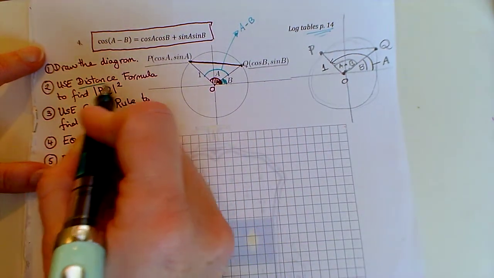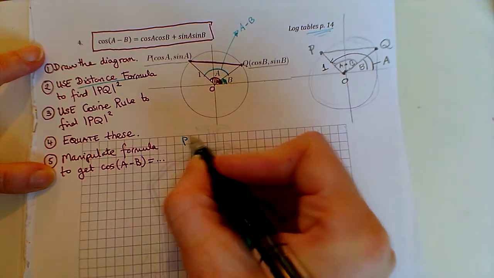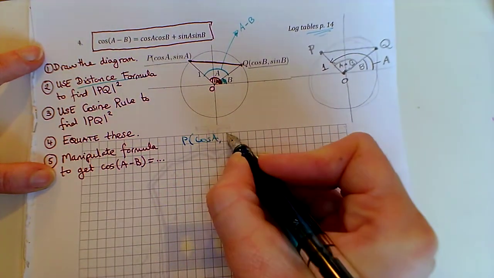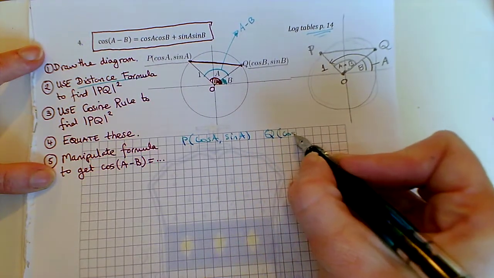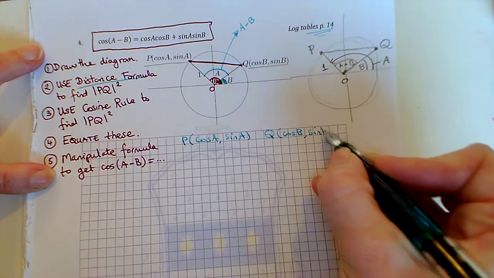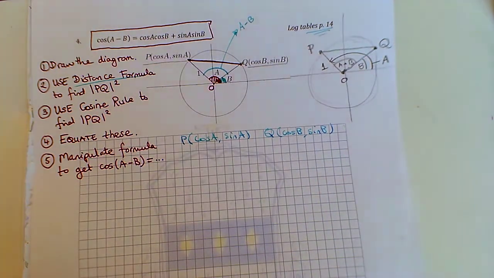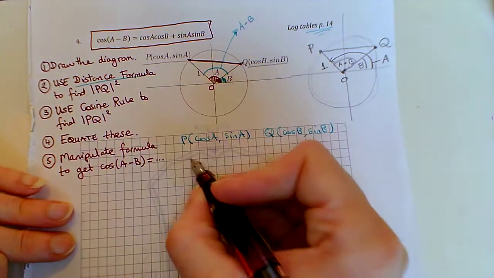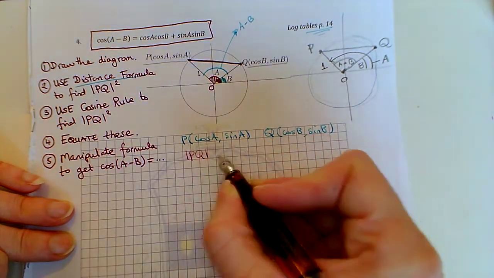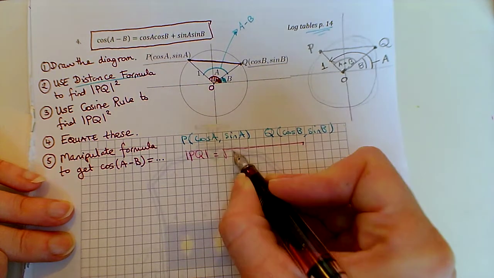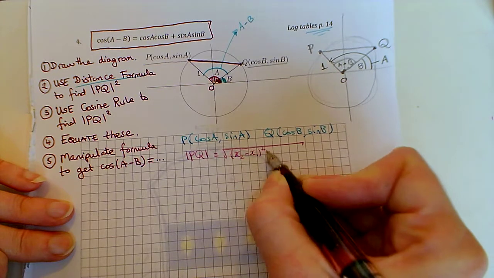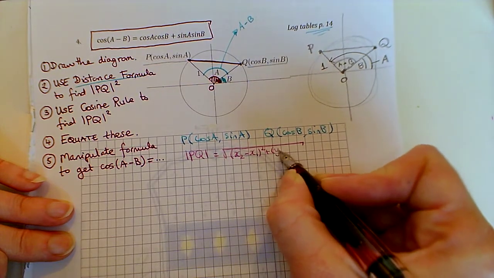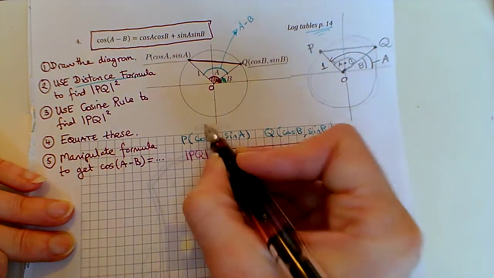P is cos A, sine A. Q is cos B, sine B. And I'm going to use my distance formula, which is that the distance from P to Q is the square root of x2 minus x1 all squared plus y2 minus y1 all squared.